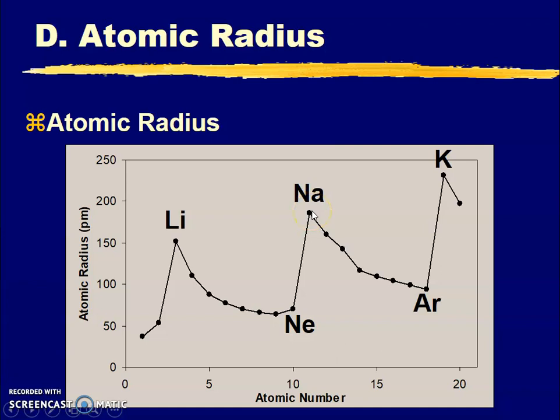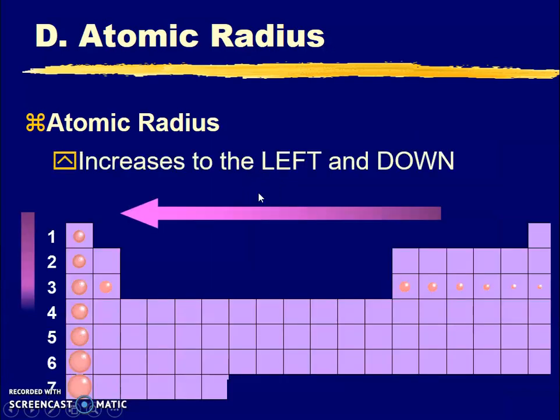It's at the beginning of a new period, so it's nice and big, and as you go across, they get smaller and smaller to the last one. So we see the overall trend within the period is to get smaller, but as you look at those first ones, they get bigger as you go down. So radius increases as you move to the left on the periodic table, and as you go down the periodic table, they get bigger.